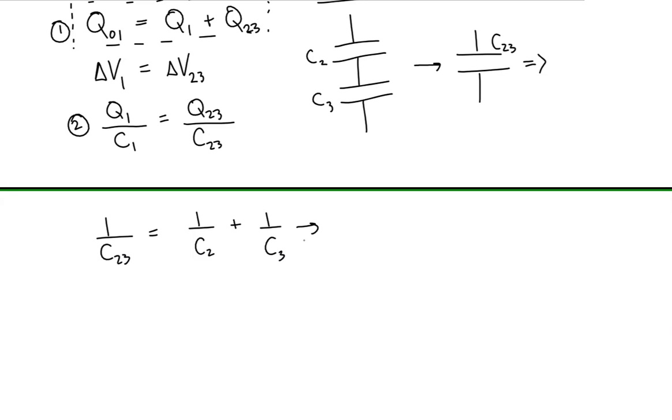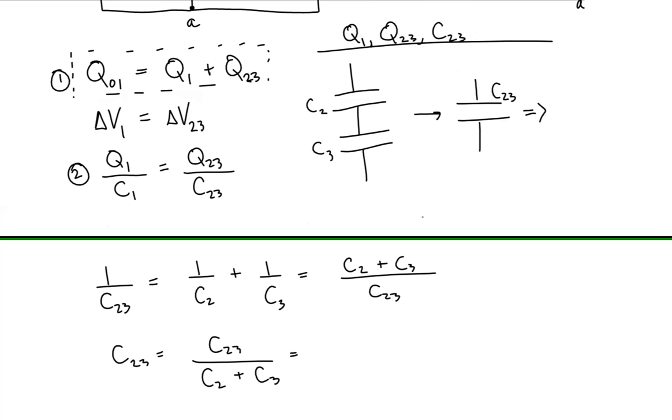This means that if we get the common denominator, this would be C2 plus C3 over C2 C3. And then when we take the reciprocal of this to get the equivalent capacitance, we get C2 C3 over C2 plus C3.